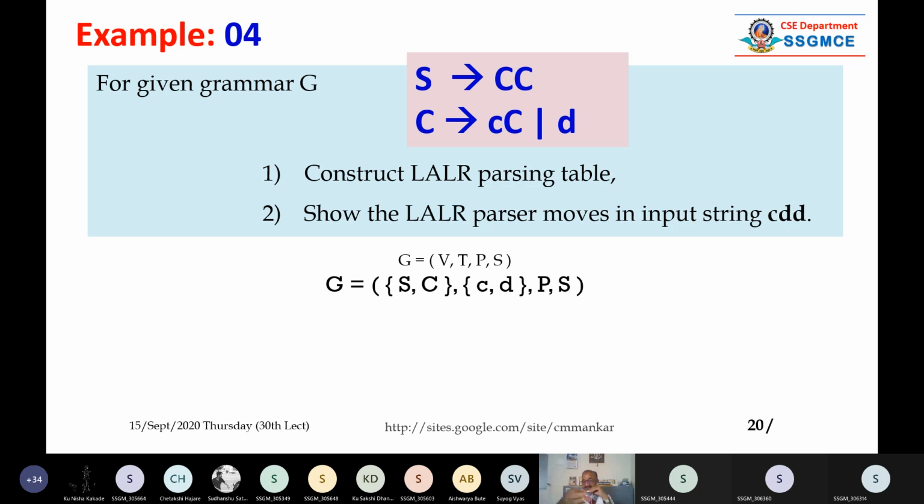People may ask you in the exam, even get questions like: identify whether the given grammar is LR0 or LR1. So you should have the standard definitions, and you will get those from the book I have already provided to you.